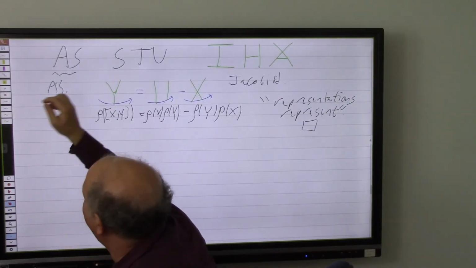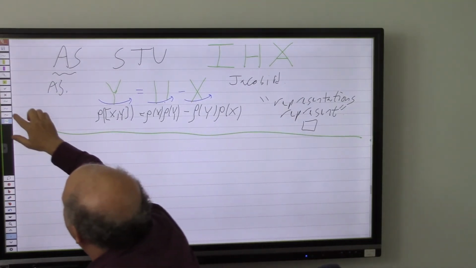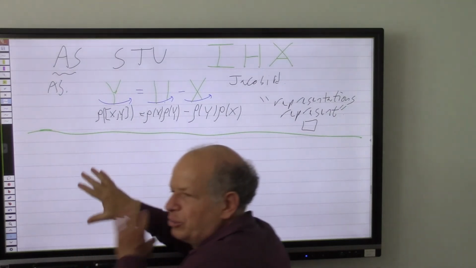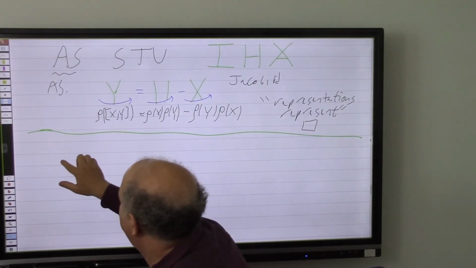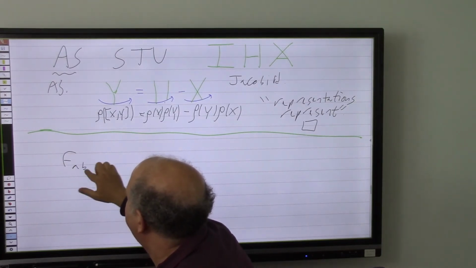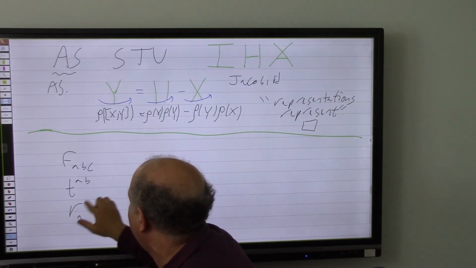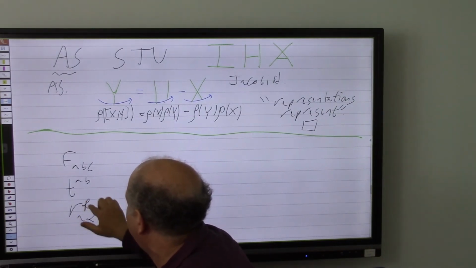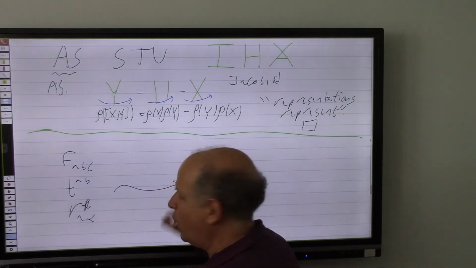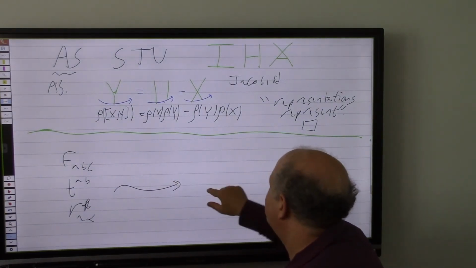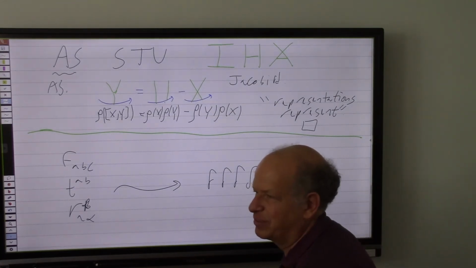I wish I had time to continue and tell you about GLN, but we're out of time, so I'll only tell you what the next topic will be. I will compute all of these things precisely for GLN. So for GLN, I will compute FABC, I will compute TAB, I will compute RA alpha beta, using the defining representations, and all of these will become just delta symbols.